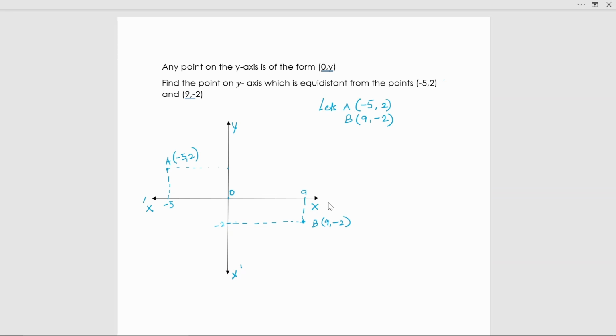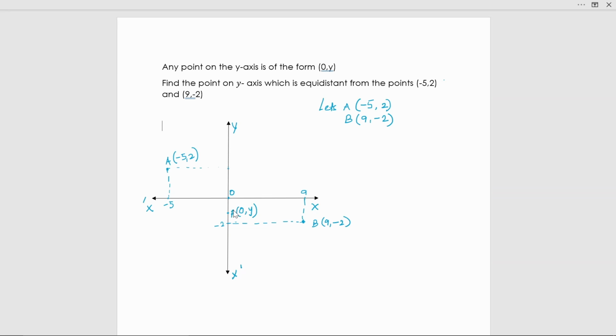We have to find a point on the y-axis. Say I'm assuming this is the point P. By this concept, any point on the y-axis is of the form 0 and y. So this point will have x coordinate 0, and say the y coordinate is y.